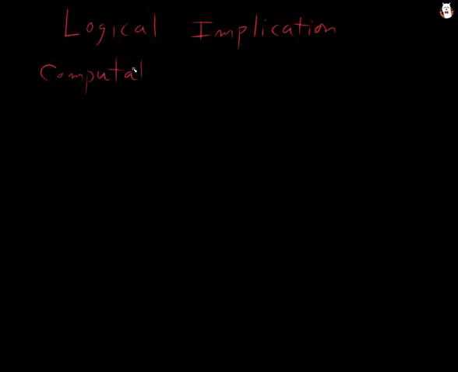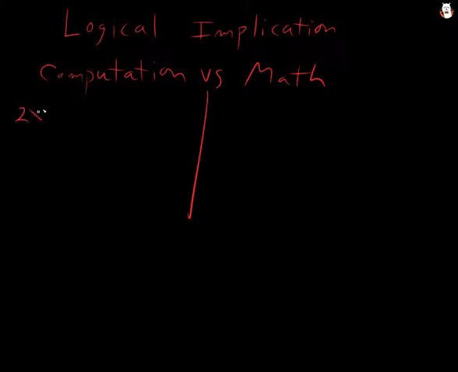So computation versus math. What do I mean by that? In high school, we often learn how to solve problems like this. 2x plus 3y plus 5 equals 0. 4x plus 5y plus 9 equals 0.